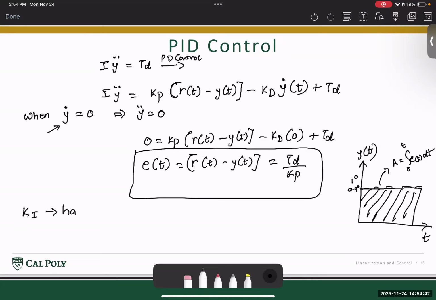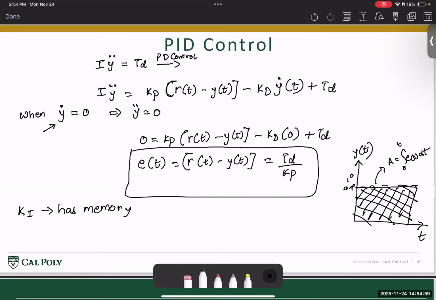This Ki we say has memory because Ki looks at the area under the curve, or it looks at the total amount of error that is being accumulated in the system as a function of time, and it tries to eliminate that by adding some corresponding Ki to drive the error to 0, to drive E of t to go to 0.